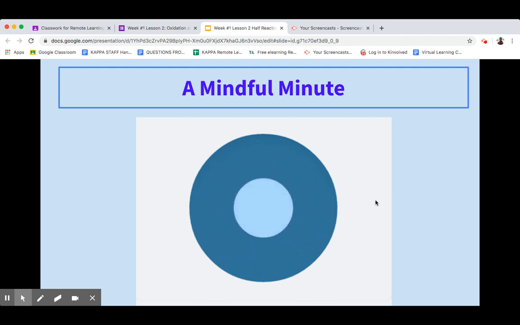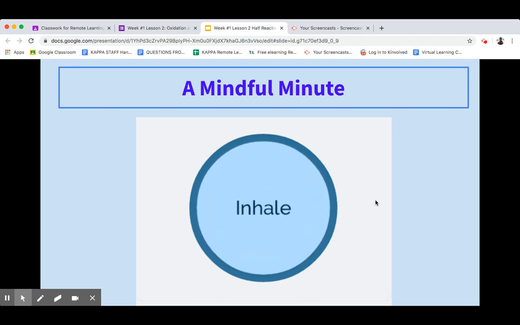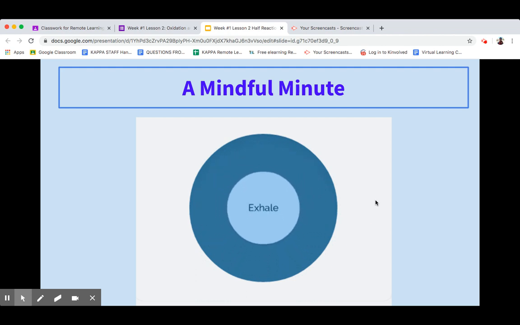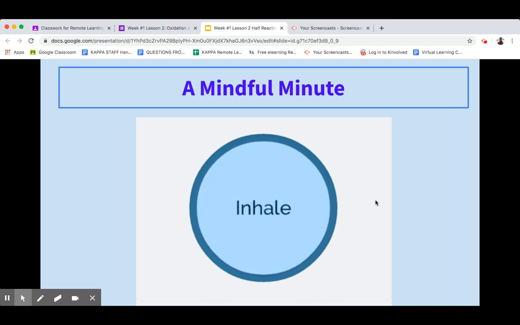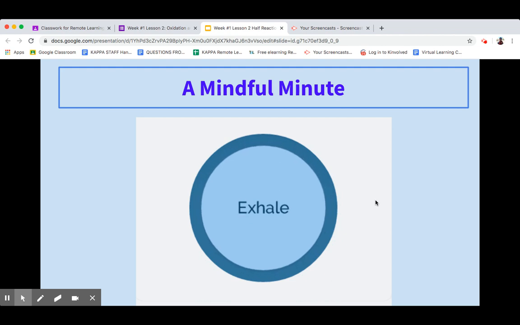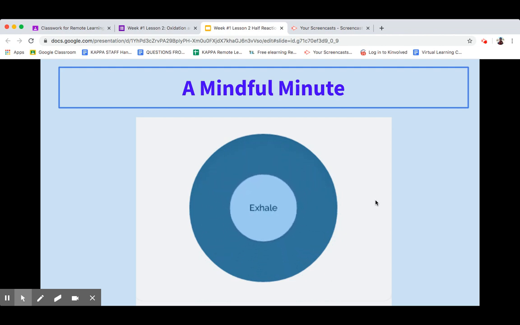Check in with how you feel. If any new sensations or thoughts have come up, just notice them and just be aware. Mindfulness is simply being aware in the present moment without judgment. And when you're ready, you can slowly blink open your eyes.